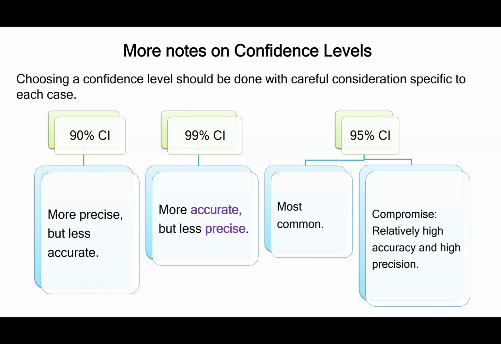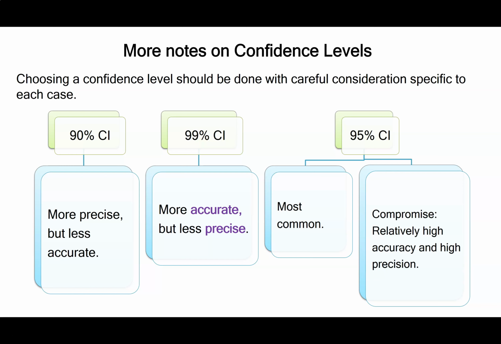In contrast, the 99% confidence interval is the widest out of these three. It's the most likely, when you're doing this process, to actually produce a confidence interval that has the true parameter or mean in it. However, it's less precise, so it's wider.